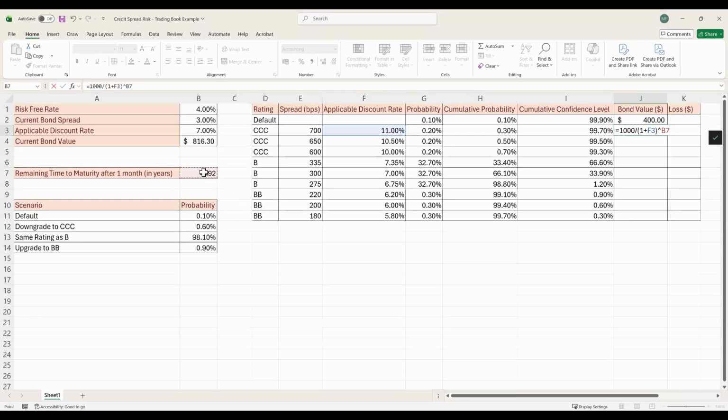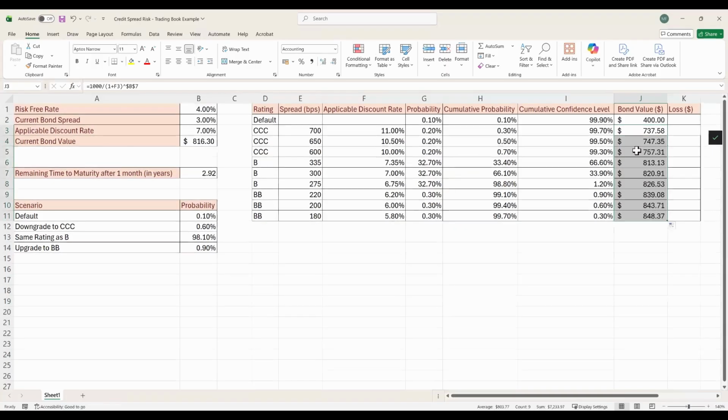And again, we have to be very careful that this will be the same time to maturity for each of the other scenarios and sub scenarios. Don't get confused into believing that for every scenario there will be a different time to maturity. No, all these scenarios and sub scenarios are applicable for the next month only. So press F4 to fix it and then drag across all the entries so that you can get all the different bond values. Now, what about the loss?